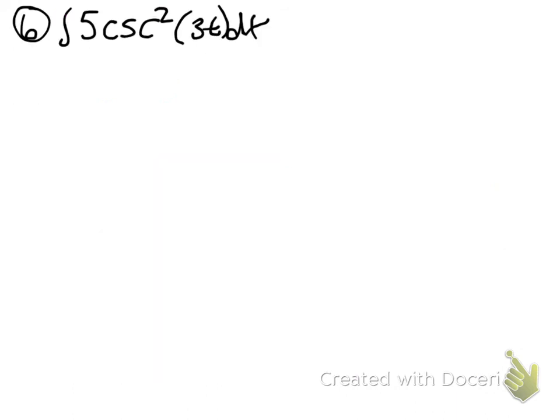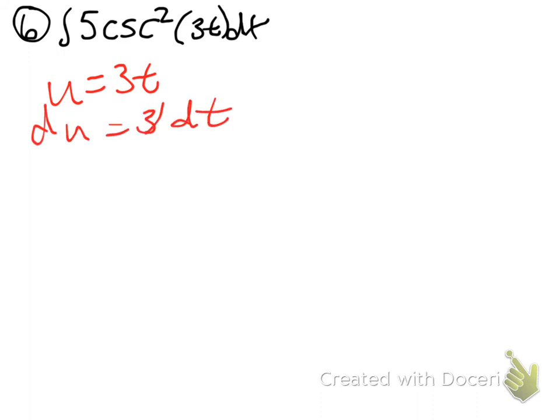All right, here is our next problem. I'm, of course, going to make u be 3t. So du is going to be 3 dt. And I'm going to move this 1/3 over. So my new integral is just simply going to be, I'm going to use my rules to pull the coefficient outside of my integral.